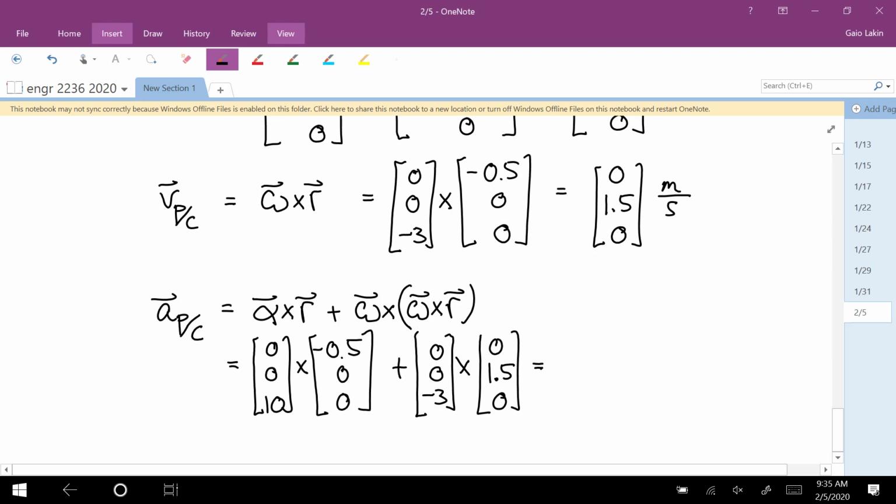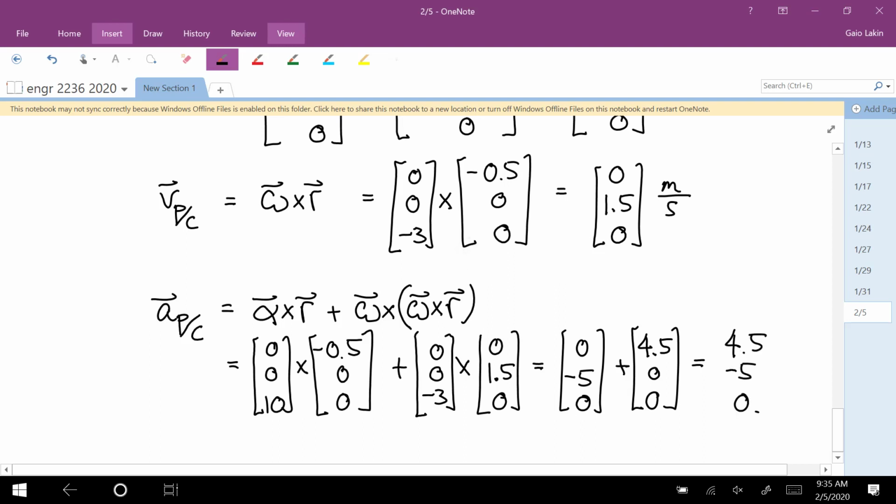So for that first term, we get 0, negative 5, 0. For that second term, we get 4.5, 0, 0. And so the acceleration vector is 4.5, negative 5, 0 meters per second squared.